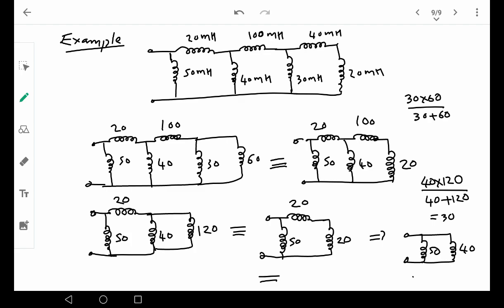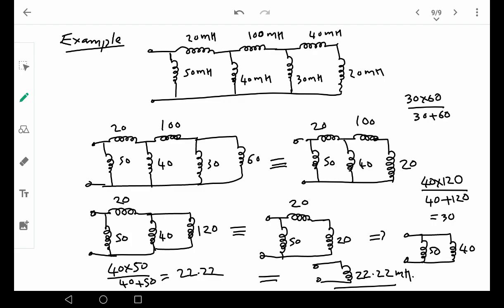So you can write 40 into 50 divided by 40 plus 50 equal to 22.22. So the last equivalent will be 22.22 millihenry. That's the answer. Okay. That's how you will do the problems for the series case.